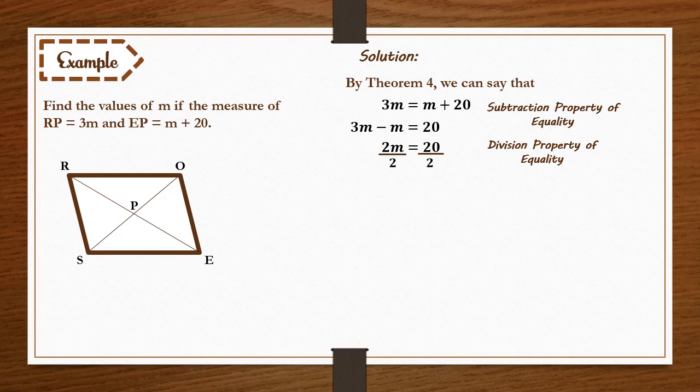Divide both sides by 2. We have M is equal to 10. So the length of RP is equal to 30 and the length of EP is equal to 30, meaning both segments are equal and were equally bisected.